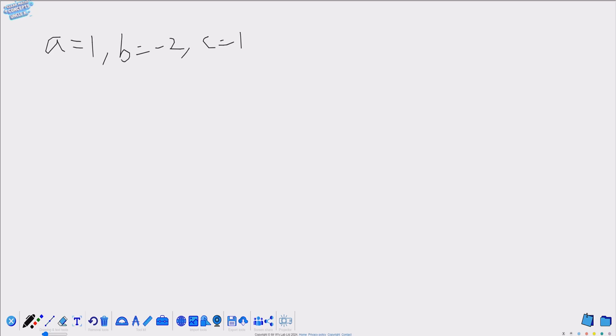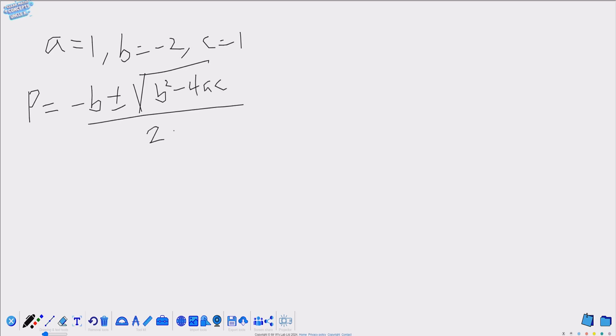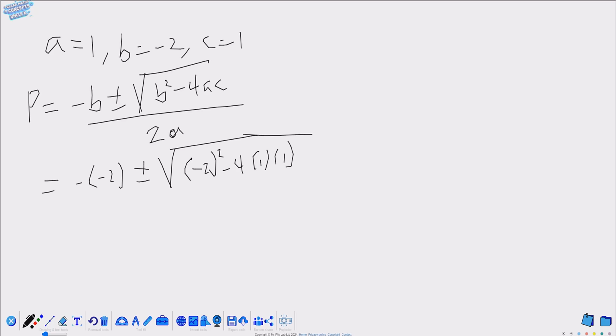Now what are we looking for? We're looking for p. So our formula will be p equals minus b plus or minus square root of b squared minus 4ac over 2a. If we substitute, we have minus minus 2 plus or minus square root of minus 2 squared minus 4 into 1 into 1, over 2 into 1.